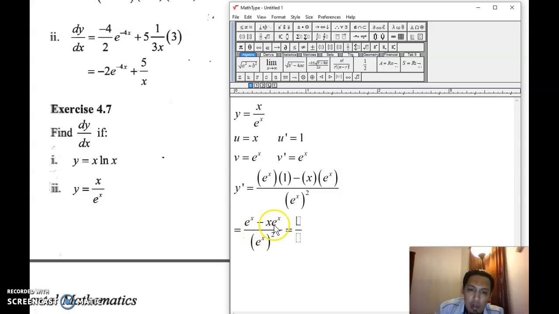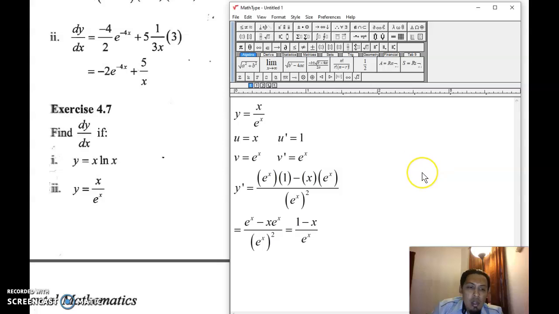So we can cancel out the e, and that will give us 1 minus x over e to the power of x. However, both answers are correct, whether you simplify it or not, unless the question asks you to simplify it.